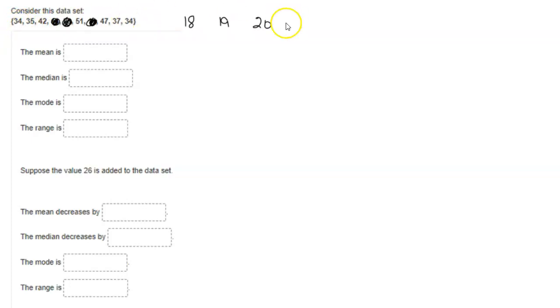So 34, and then there's another 34, then there's a 35, 37, and then 42, 47, and 51. Okay, perfect. All right, so now we have them all in order.